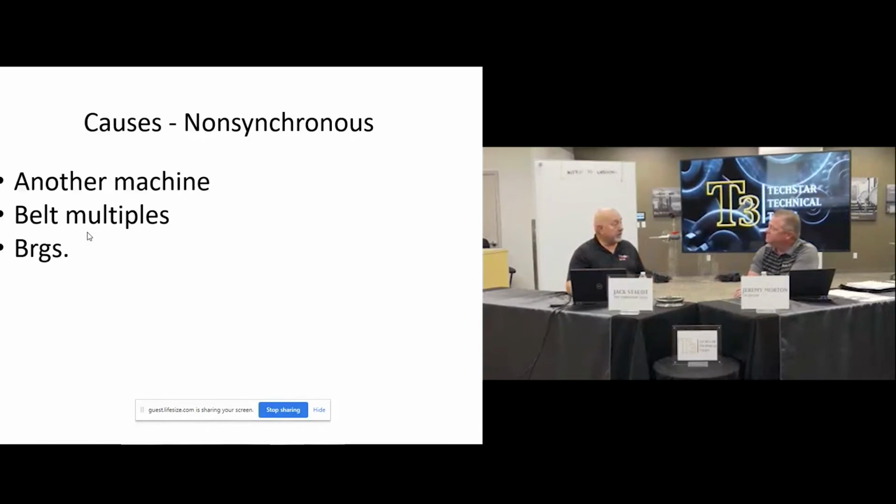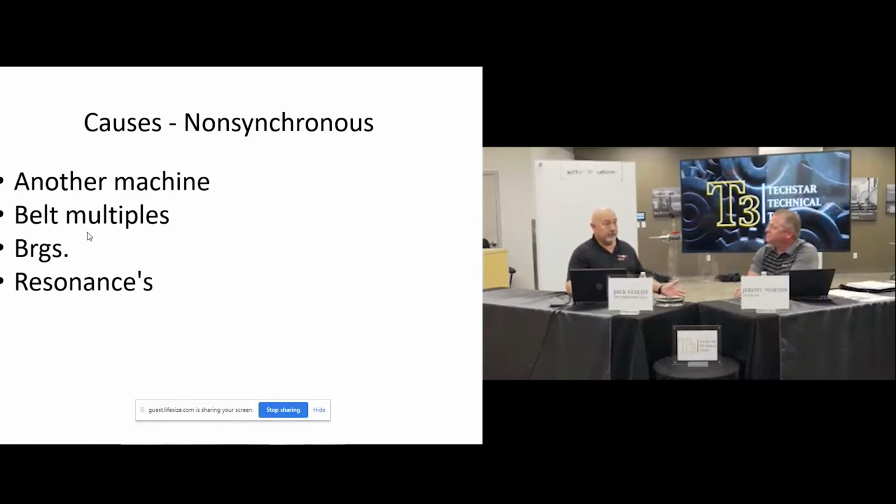What we see mostly in non-synchronous is rolling element bearings. All the different natural frequencies of the outer race, inner race, identified by the manufacturers. You're able to use that and locate if you have an outer race defect or an inner race defect. We're going to cover a little bit more on that.